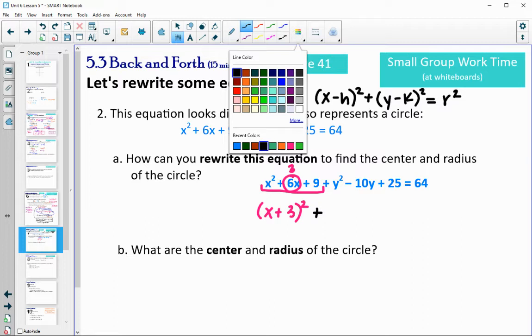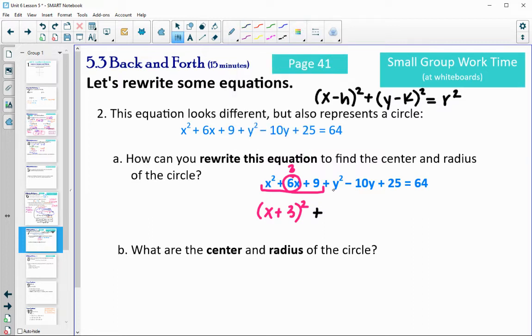And does this y part follow the pattern? The middle term, negative 10 divided by 2, is negative 5. Is negative 5 squared 25? It is. So (y minus 5) squared will be the factored version of that.